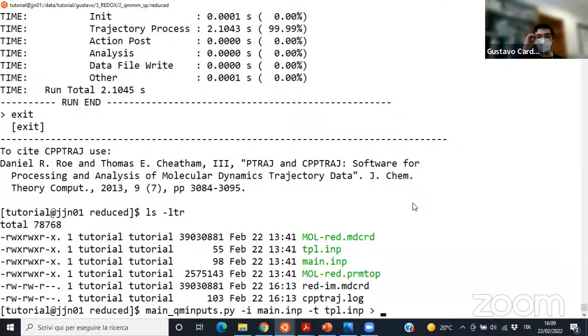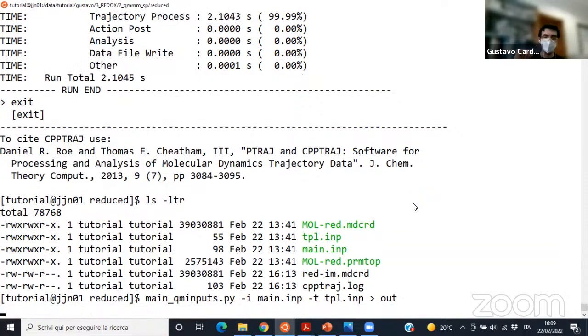If you want, you can create an output file because it's gonna print a lot of junk here, but otherwise this need not be the case. So it's gonna take a little bit. It will generate overall 100 inputs.